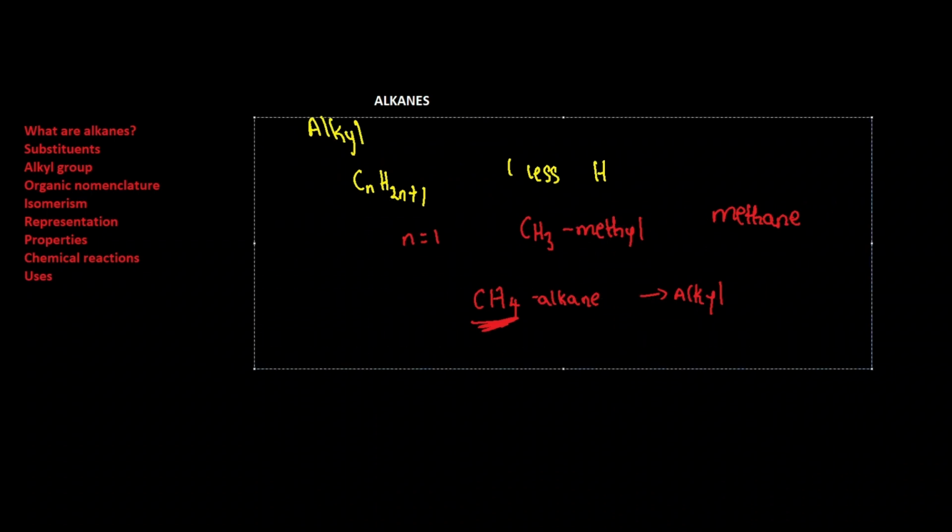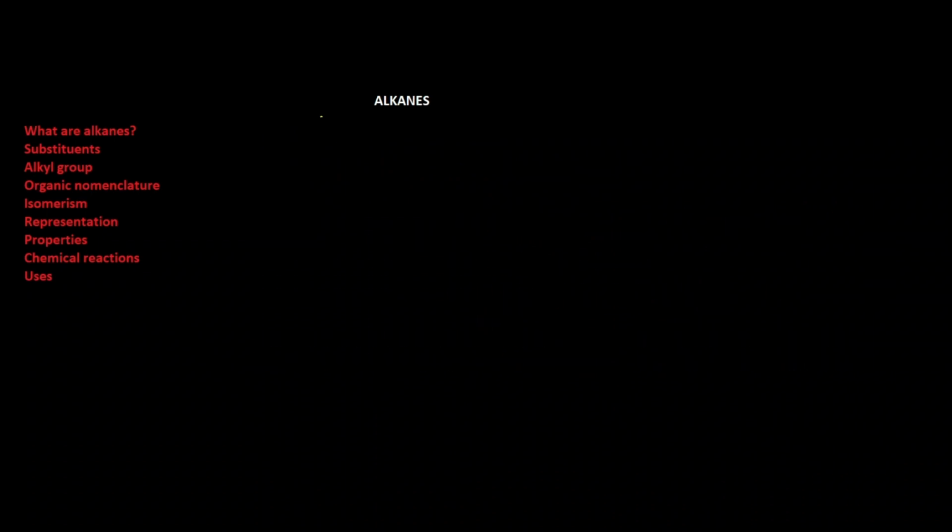Now, moving on to organic nomenclature. From our outline, what we have next is organic nomenclature. So, what is the whole idea of organic nomenclature? There is an organization, the IUPAC, which is the International Union of Pure and Applied Chemistry, or chemists.